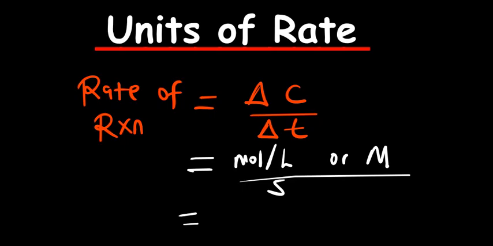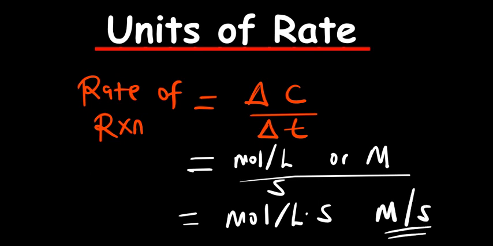Therefore, the units for the rate of a reaction, we're just going to have mole per liter per second. Basically that's what you're going to have, or you're going to just have molar per second. So this is very, very important for us to understand.